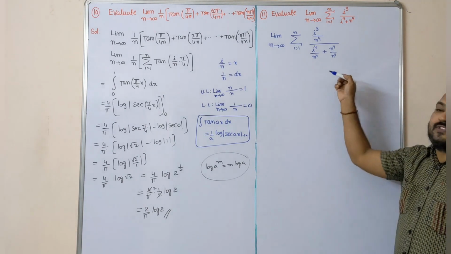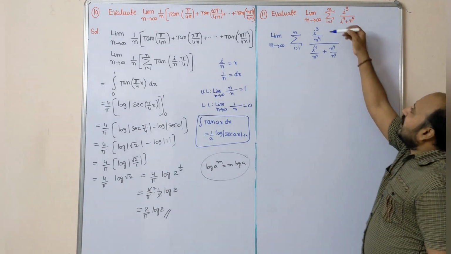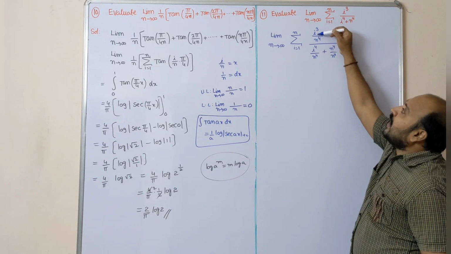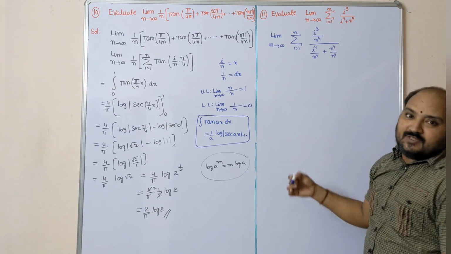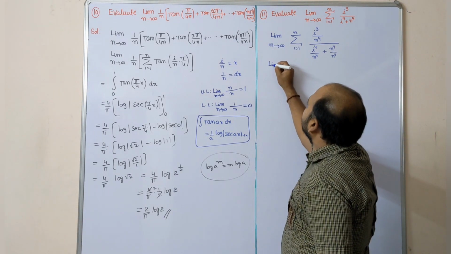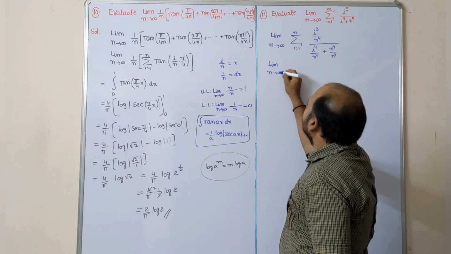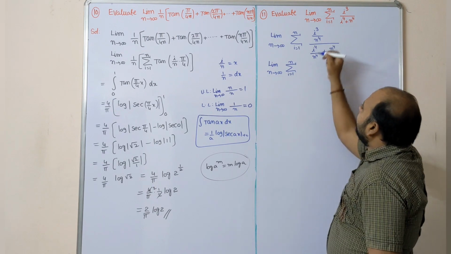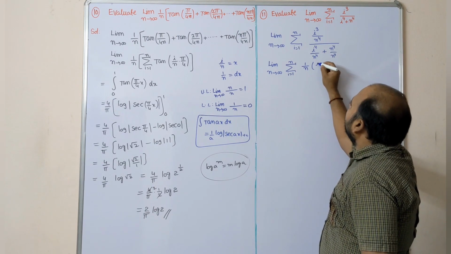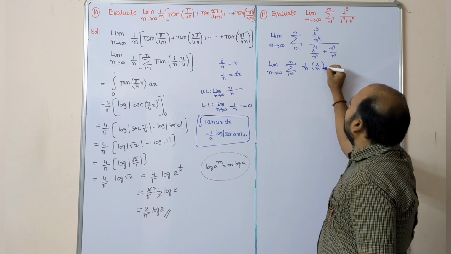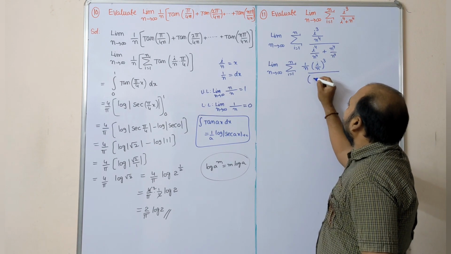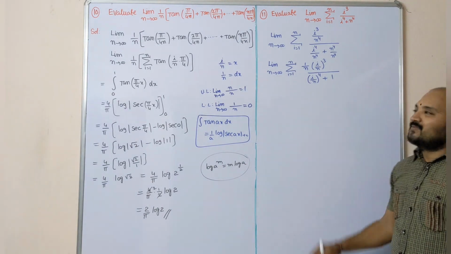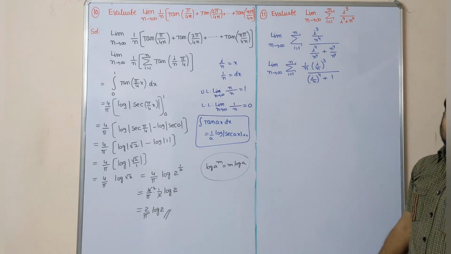Dividing by the highest power, here i cube by n power 4 is there, no? In the next step, 1 by n into i power 3 by n power 3 I am going to write. So limit n tends to infinity, sigma i is equal to 1 to n, this can be written as 1 by n, i cube by n cube, that is i by n whole cube, divided by i by n whole power 4 plus 1, n power 4 by n power 4.